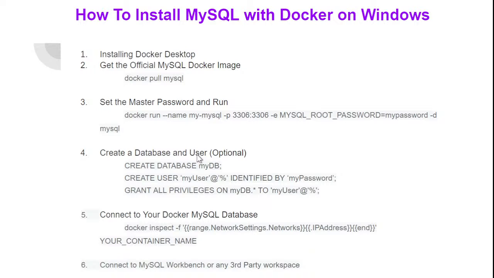And after that, it is an optional step to create a particular DB and set your password the same as this or anything, and grant some privileges to your user. These are the basic commands I have written over here for you if you want to play with it.